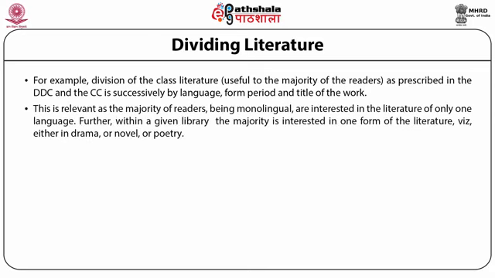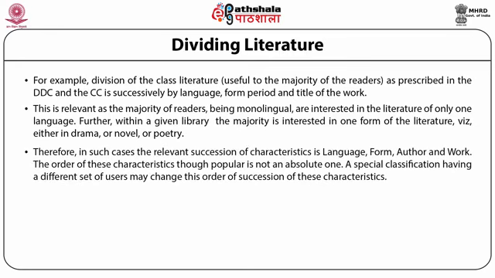This is relevant as the majority of readers, being monolingual, are interested in the literature of only one language. Further, within a given library, the majority is interested in one form of the literature, that is either in drama or novel or poetry. Therefore, in such cases, the relevant succession of characteristics is language, form, author, that is period, and work.